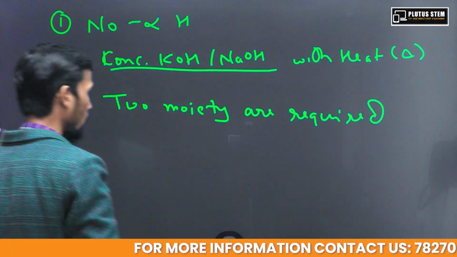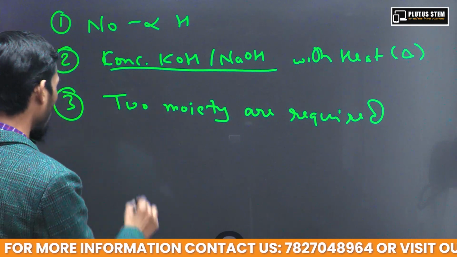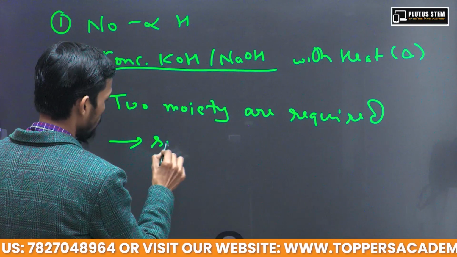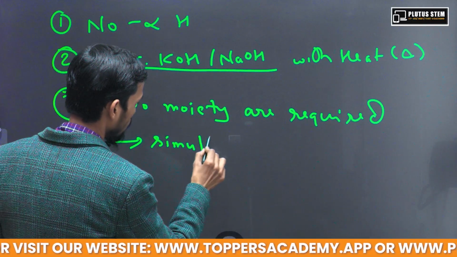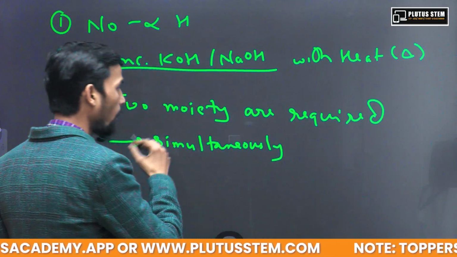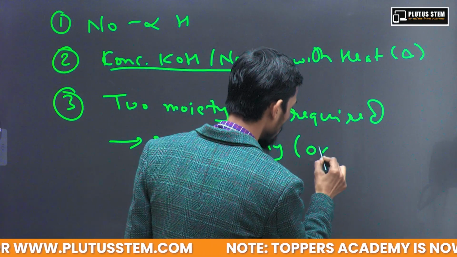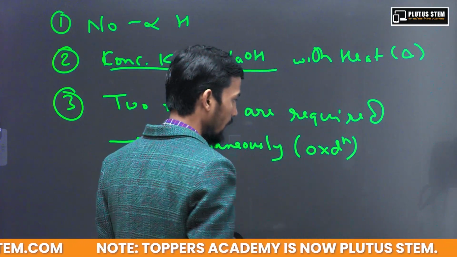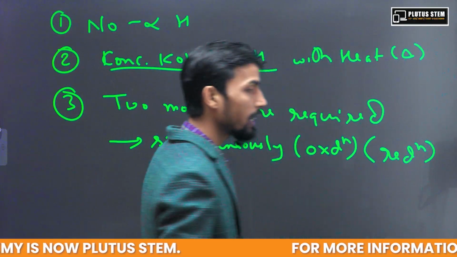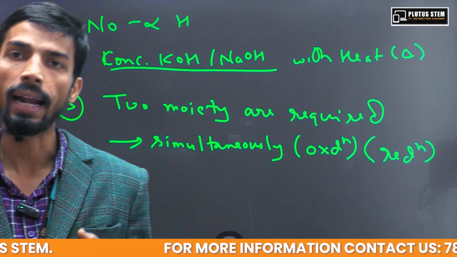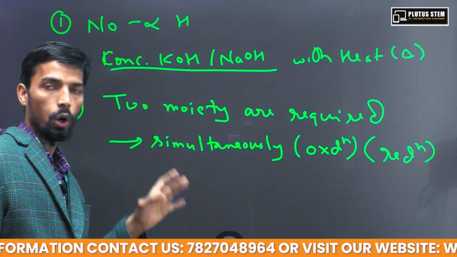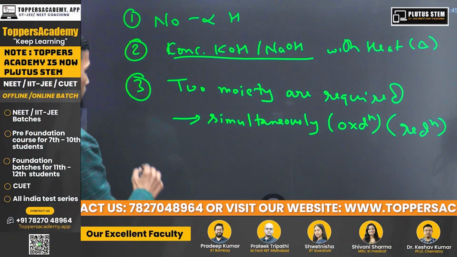Two moieties are required, and simultaneously one moiety will be oxidized, that is oxidation, and another moiety will be reduced, that is reduction. The simultaneous oxidation and reduction of two moieties of the aldehyde or ketone takes place.